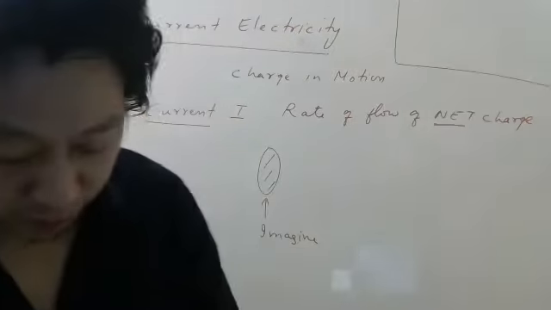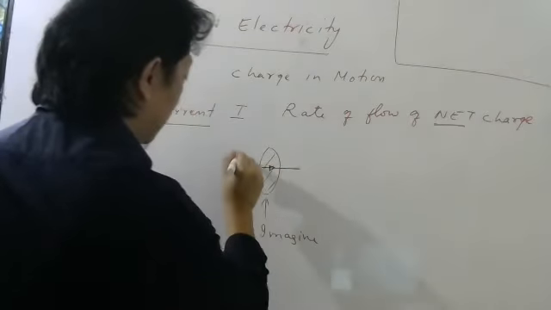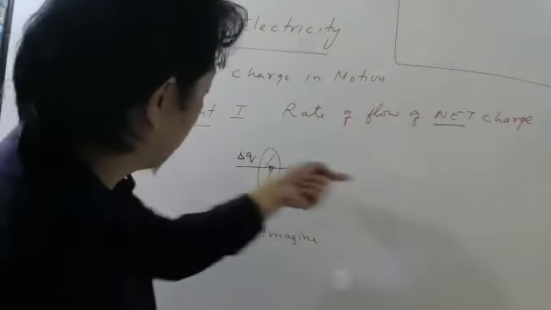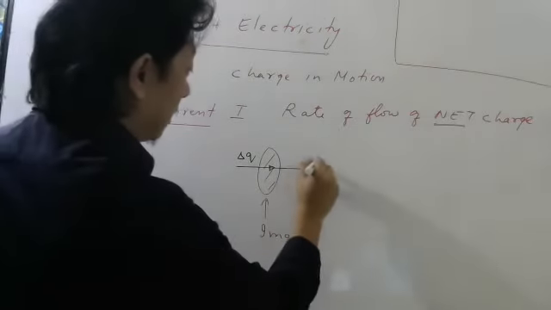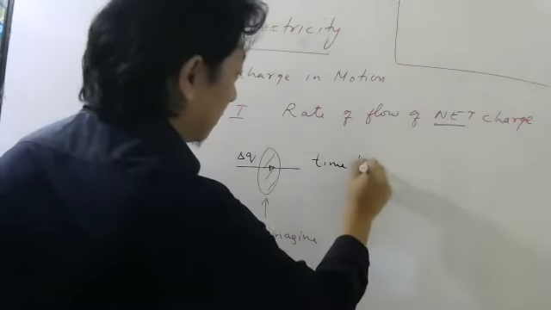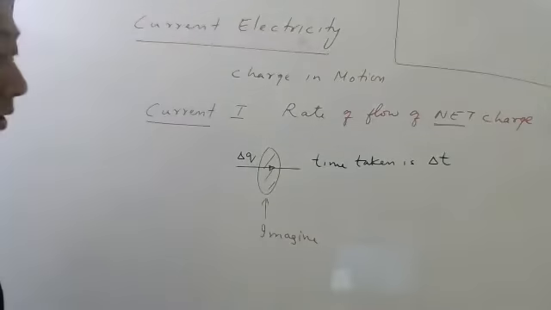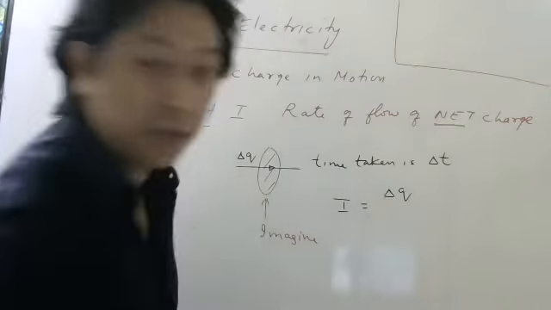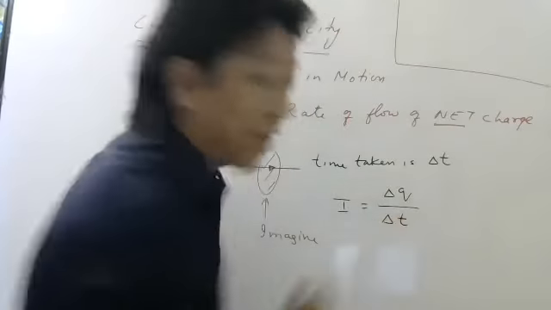So imagine some cross-sectional area, and suppose a net charge delta Q flows through this cross-section perpendicularly, and the time taken is delta T. Then we define current as how much charge flows divided by how much time it took.